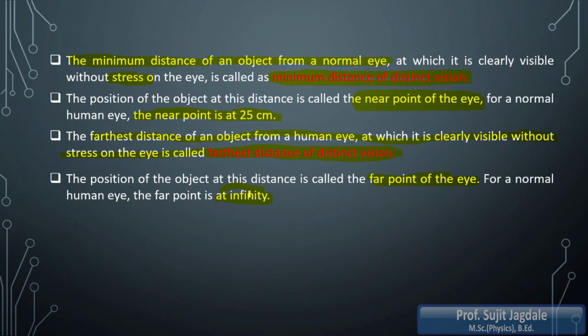We can see objects which are present at a very large distance. In other words, you are able to see the moon. That is the best example. The moon is present at a very large distance, so you can consider that distance as infinity. So in this way our normal human eye works.